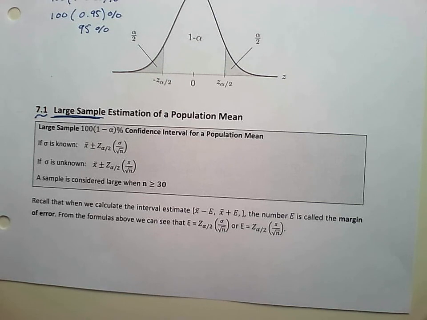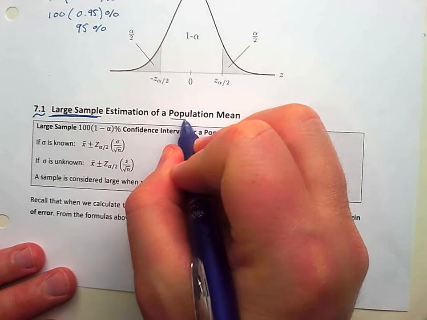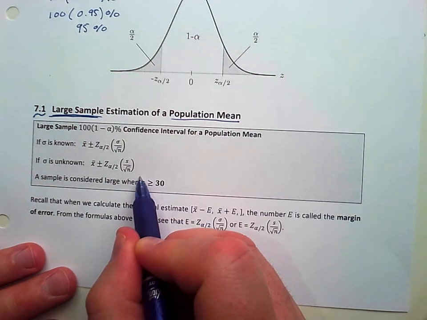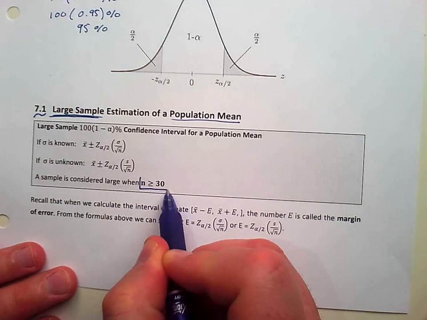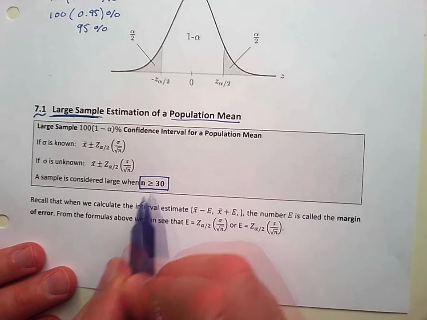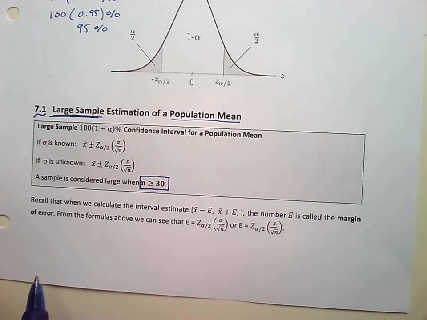Since we're talking about large samples, if you remember back to our discussion about the central limit theorem, the general rule for large samples when we were looking at the mean, and here we're looking at the population mean, is that our sample size, given by little n, needs to be greater than or equal to 30.